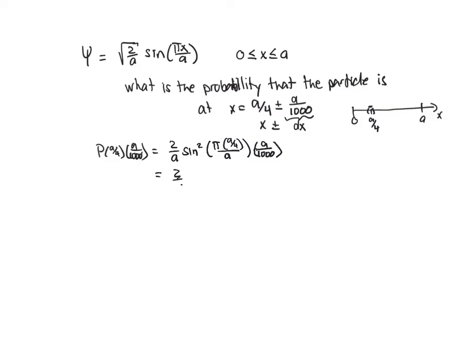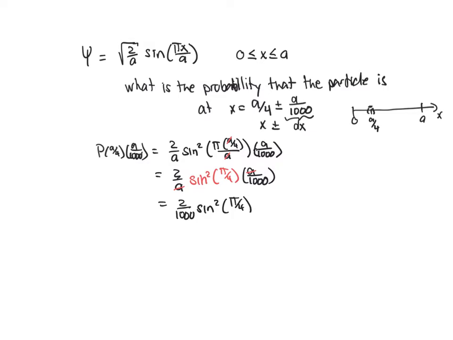So I have 2 over a, and then I have sine squared of my a's divide out. So I have sine squared of pi over 4 times a over 1,000. And so these a's divide out, and I end up with 2 over 1,000 sine squared pi over 4.